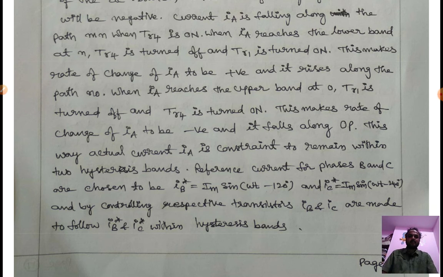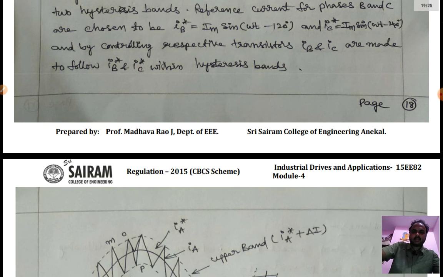This is how we control the current of the VSI. Similarly for the other phases, IB star is equal to Im sin of omega t minus 120, and IC star is equal to Im sin of omega t minus 240, by controlling the respective transistors.